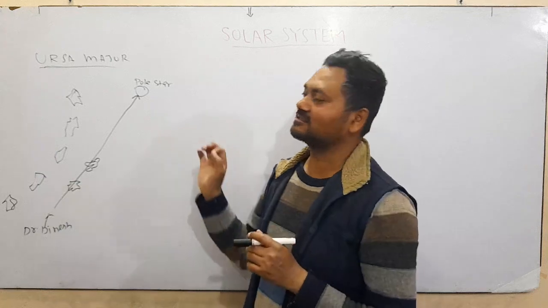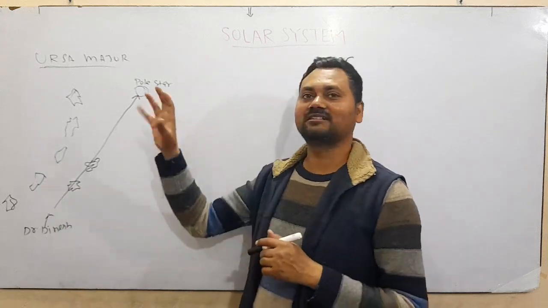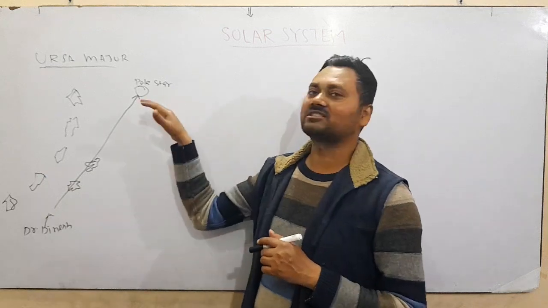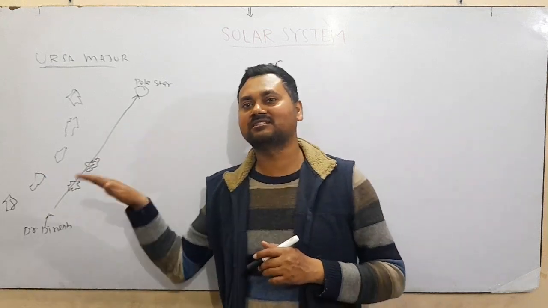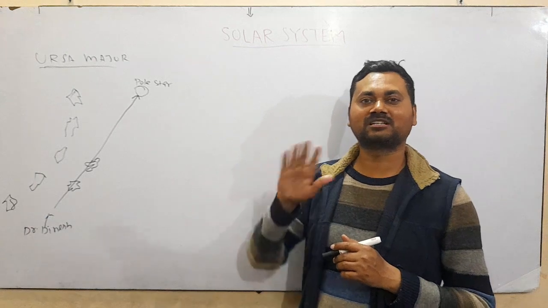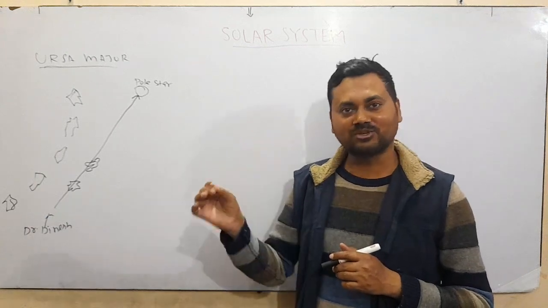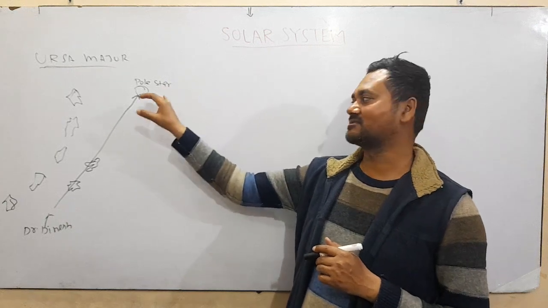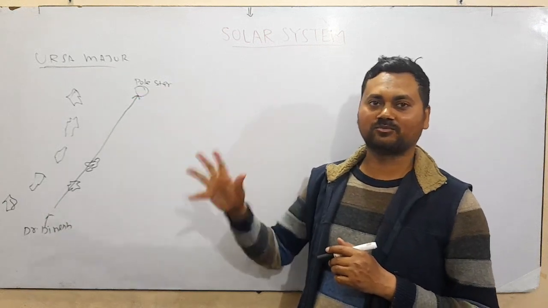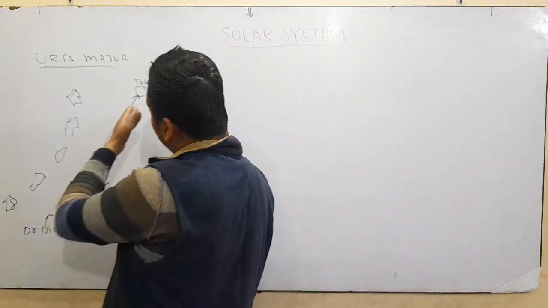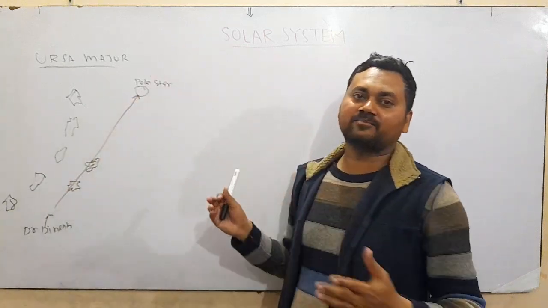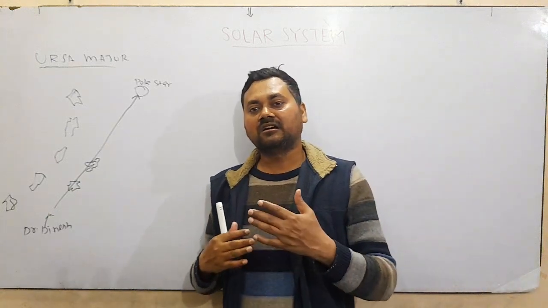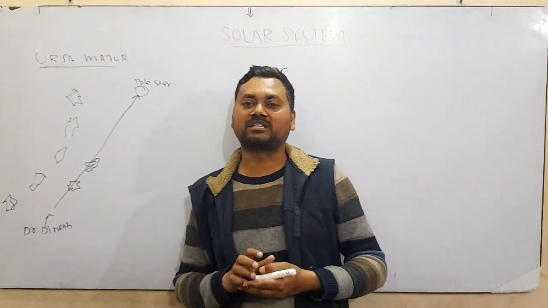So no matter how fast the earth is rotating, this pole star will remain in its original position. No matter from where you are looking, in which country you go, you will see the pole star always in one particular position. And if you recognize the pole star, you can very easily understand the rest of the directions.